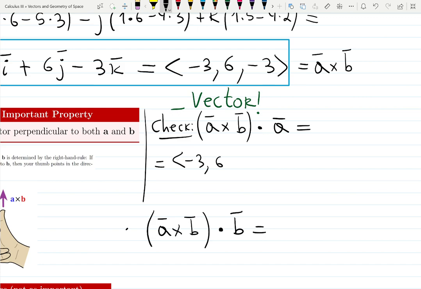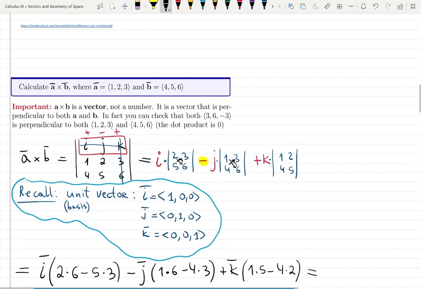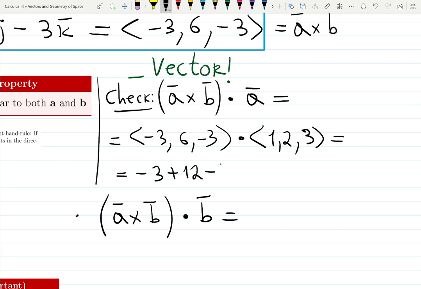So, I will write it like so. Minus 3, 6, minus 3, multiplied with a dot product by A. What was A? 1, 2, 3. Who can tell me the result of that? Minus 3 plus 12 minus 9. Is it 0? 0.